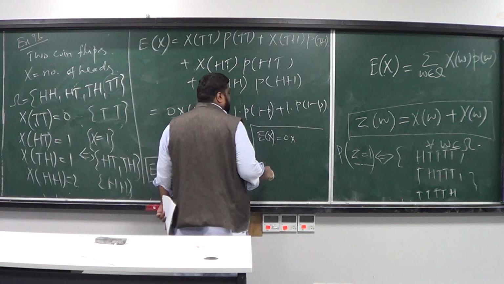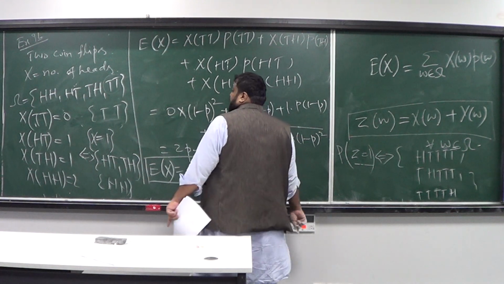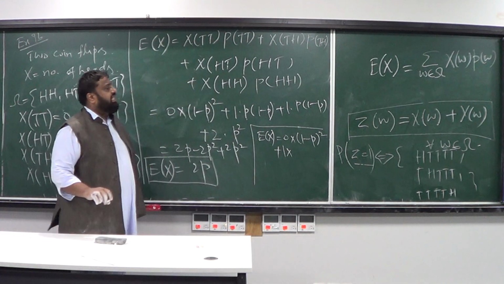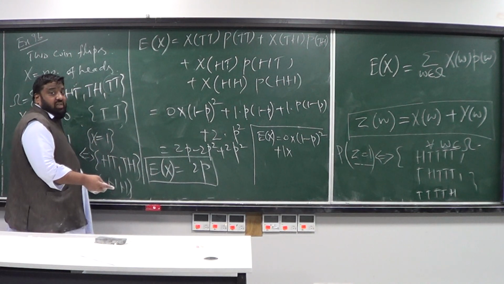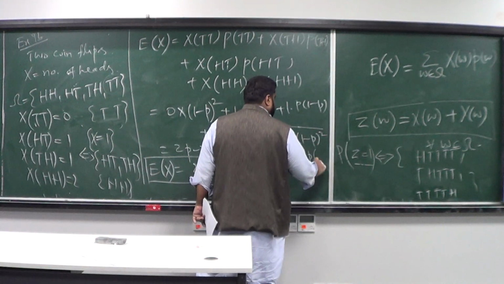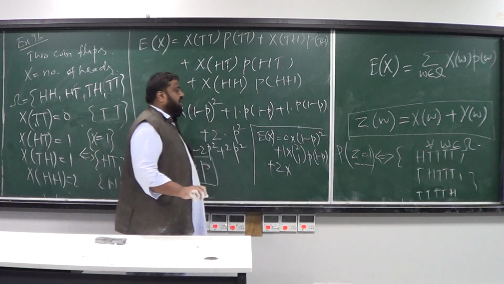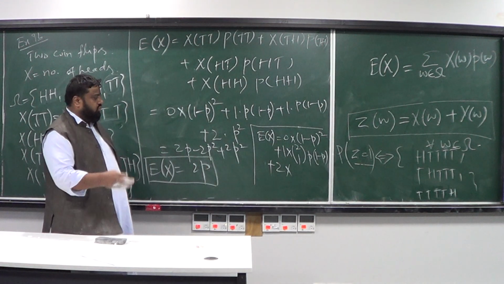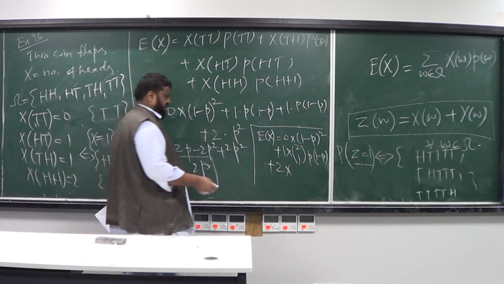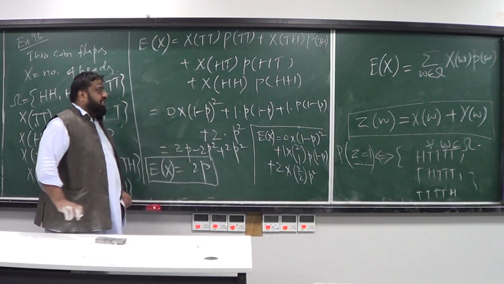So 0 multiplied by the probability of 0, which is 1 minus p squared, plus 1 multiplied by the probability that you're going to get exactly one head, which is 2 choose 1 times p times 1 minus p, plus 2 times the probability of both coming head, which is 2 choose 2 times p squared. So again you get precisely the same answer, 2p.